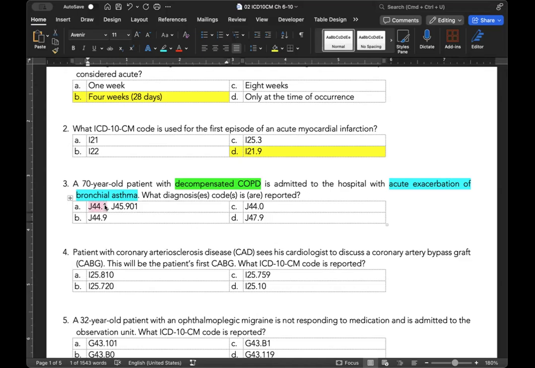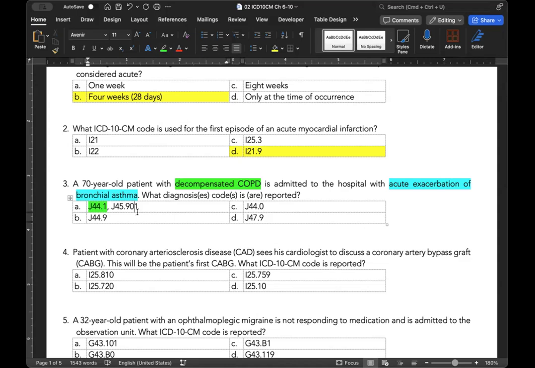Okay, so let's go look at J44.1 and see if we need an additional code. From a testing perspective, we know our answer, but let's look at this from a real world perspective and make sure that we know how to read our tabular as well. J44.1 is for COPD with an acute exacerbation.